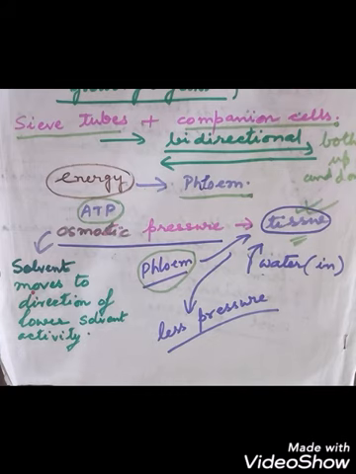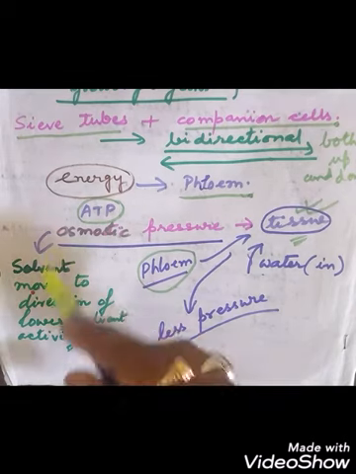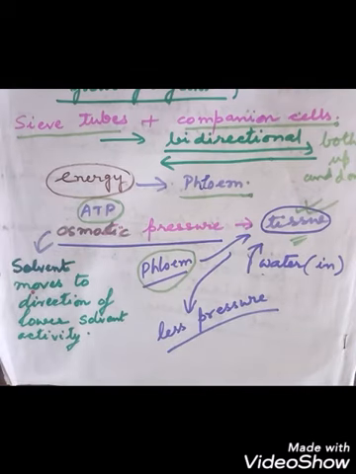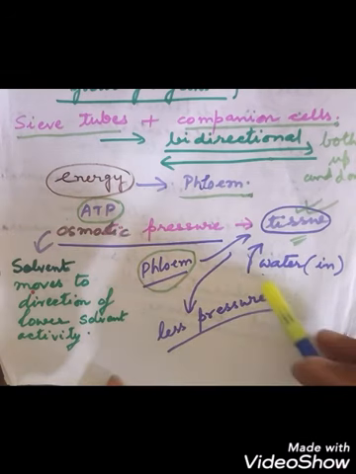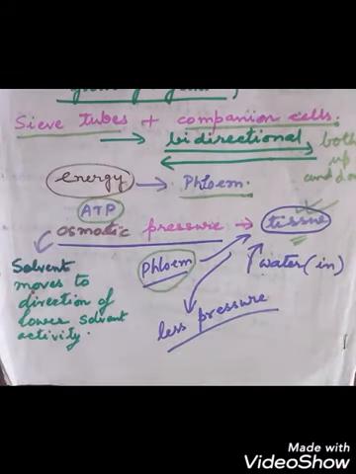They can allow the materials to be stored in the storage organs, and whenever required they can supply them to the different parts of the body, and for all this, energy in the form of ATP will be needed, which will create osmotic pressure so that it can transfer the materials from a region of high pressure to a region of less pressure. So this way the food can be transferred from the leaves to different parts of the plant, and for which the tissues need what? Energy.